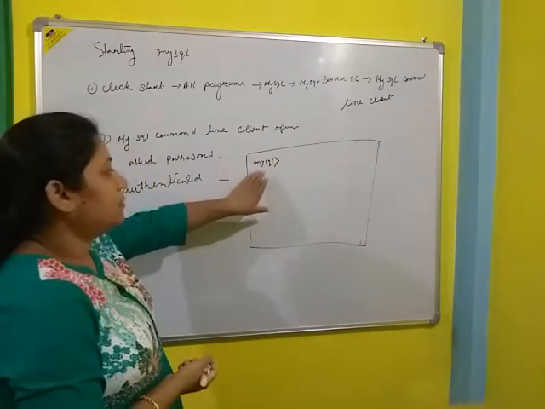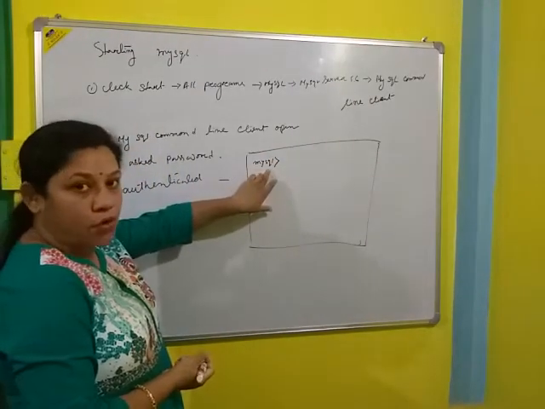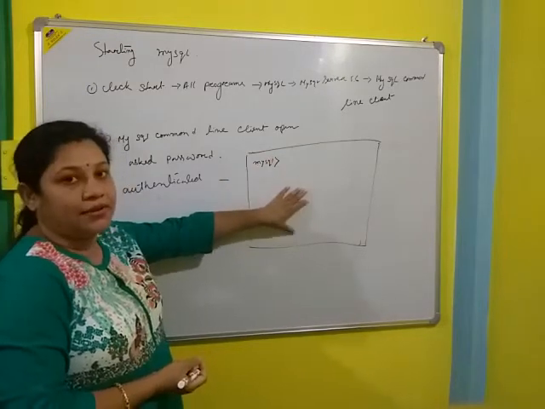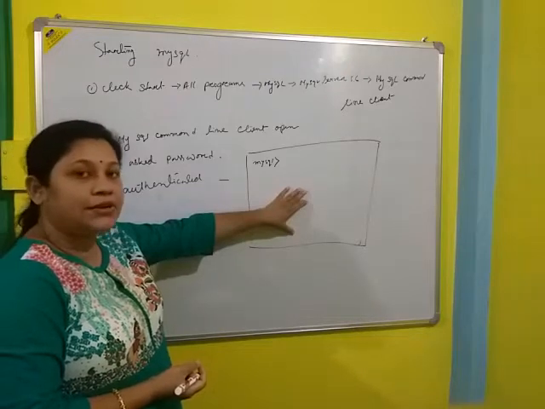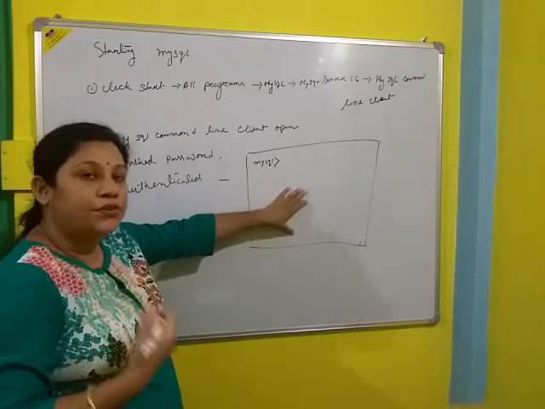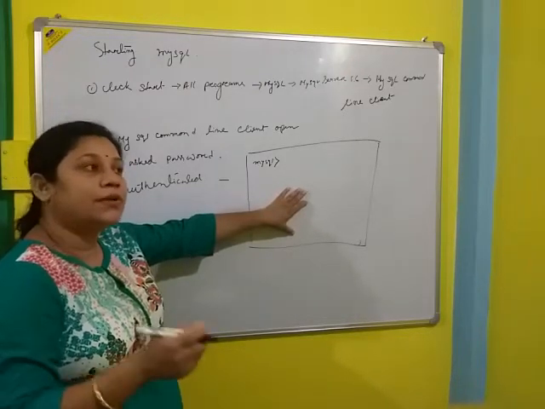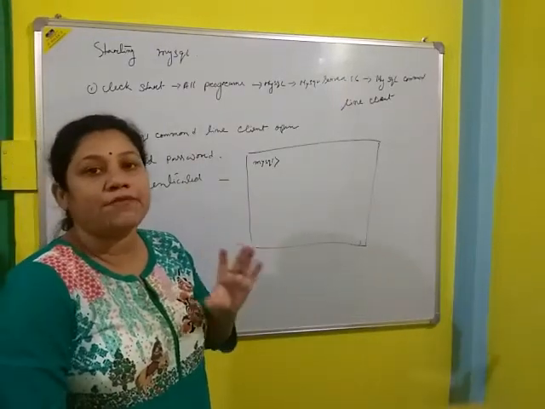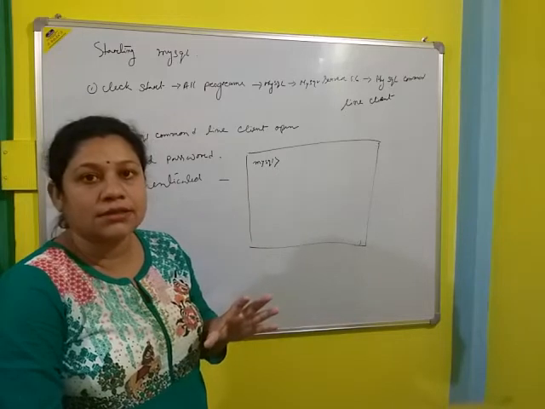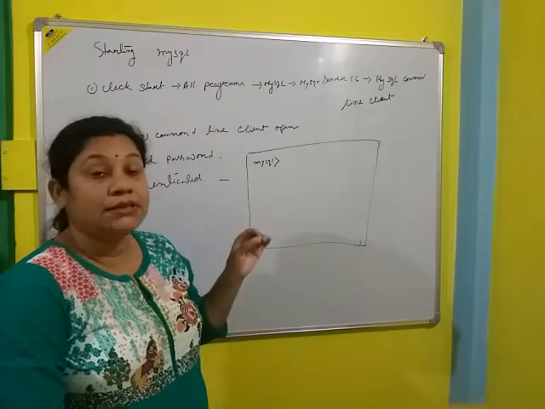From there you are going to start your database. You can create your database, you can create your tables, or you can perform various types of tasks by using the commands.